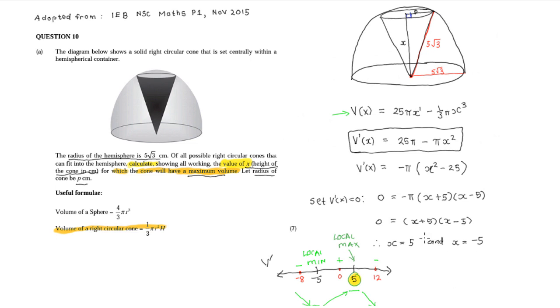So we can conclude this by saying, by the first derivative test, x is equal to positive 5 is a local maximum.